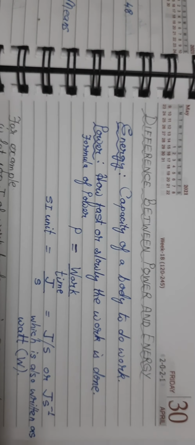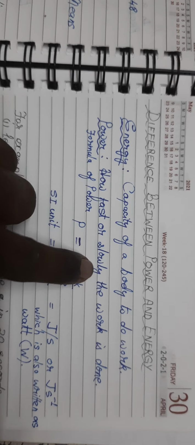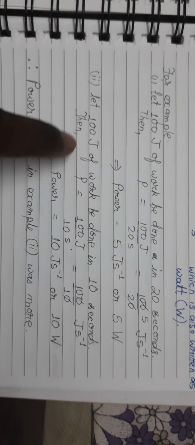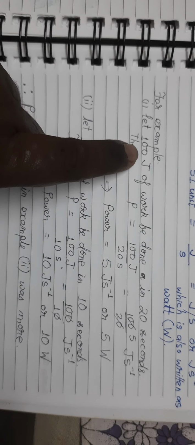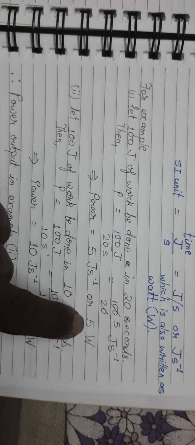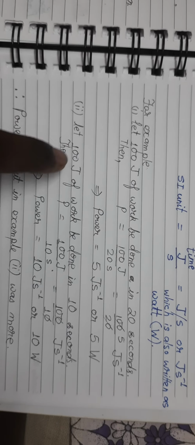And as we had discussed, what is power? How fast or how slowly the work is done. So 100 joules of work over here in example 1 took 20 seconds to do, so the value of power is less. The same 100 joules of work took 10 seconds to do.